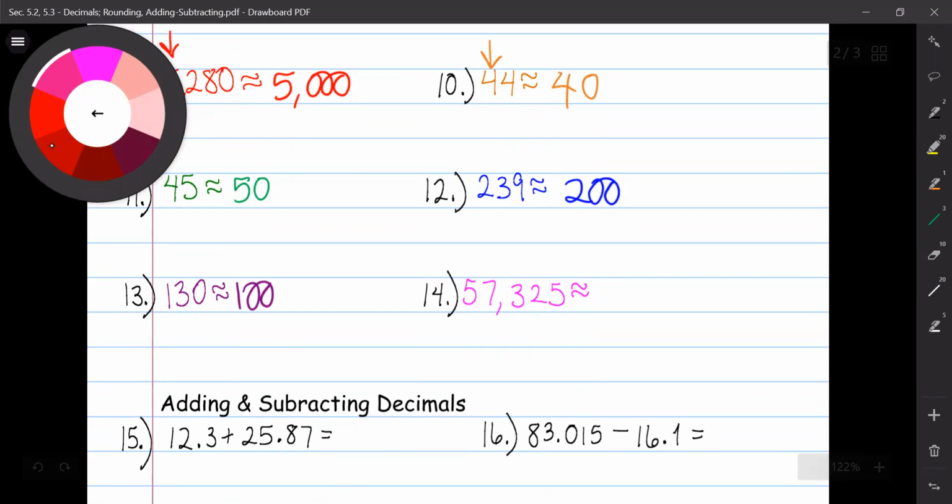And then we've got 57,000 and something. So that's going to round up to 60,000. Okay, so see, there's only one non-zero digit in the number once you use the front end rounding.